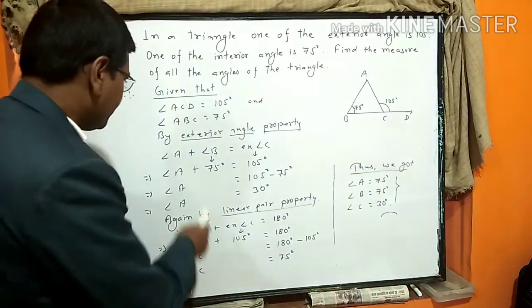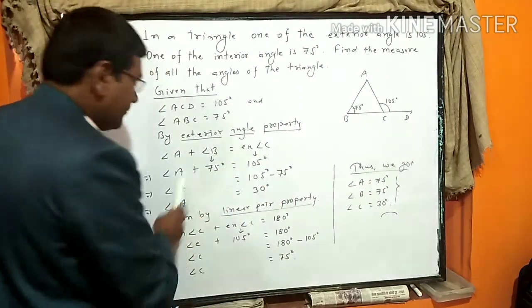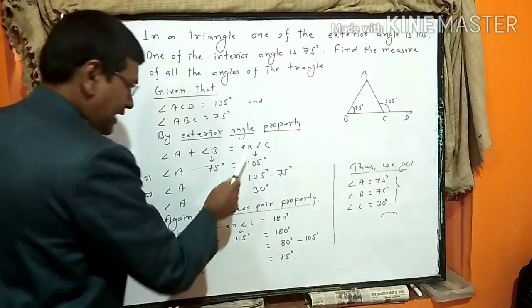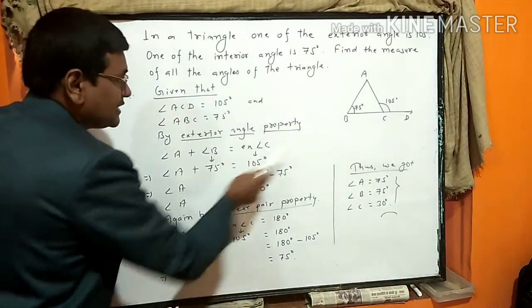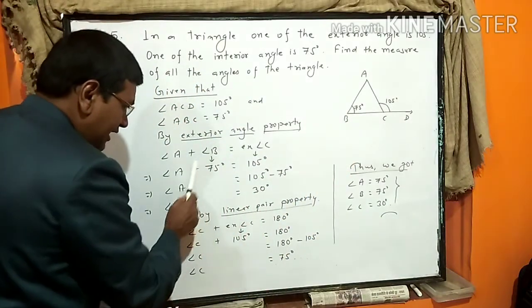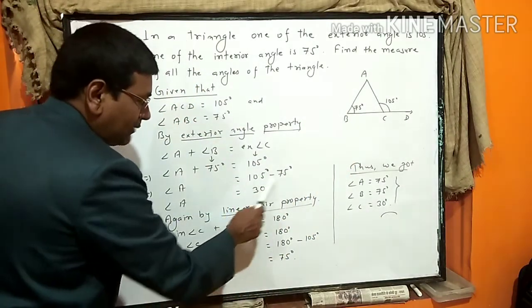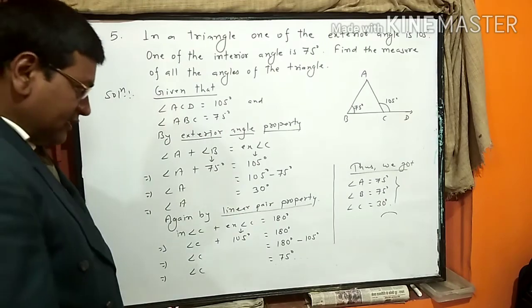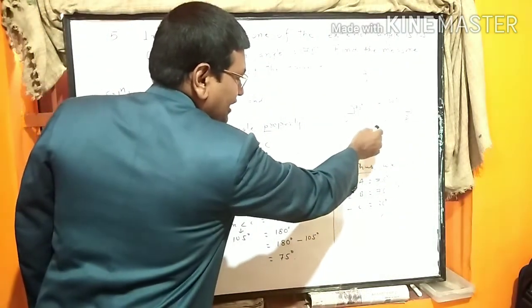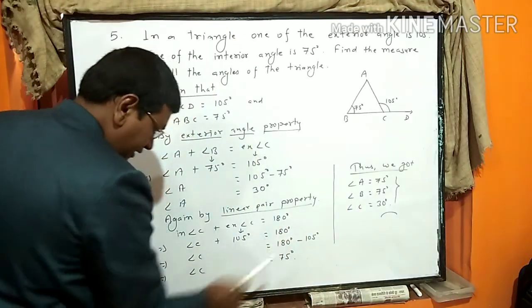Let's see. By exterior angle property, angle A plus angle B equal exterior angle C. B is given 75, exterior angle C is given 105. Take it to the right side. After subtraction, it is 30 degree. Now by linear pair, interior angle C plus exterior angle C equal 180 degree.